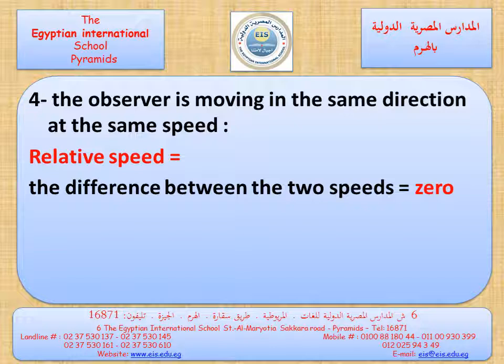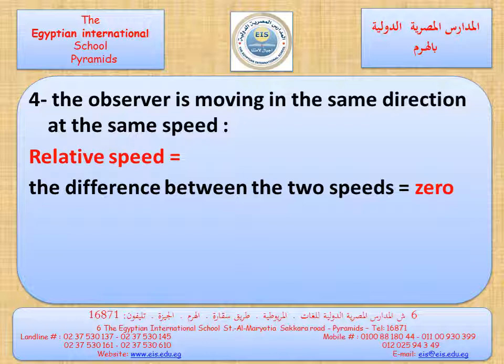And the same speed. So, for example, if the observer moves at a speed of 5 meters per second and the moving car moves at a speed of 5 meters per second, because they are equal in speed and in direction, we make the difference between the two speeds.